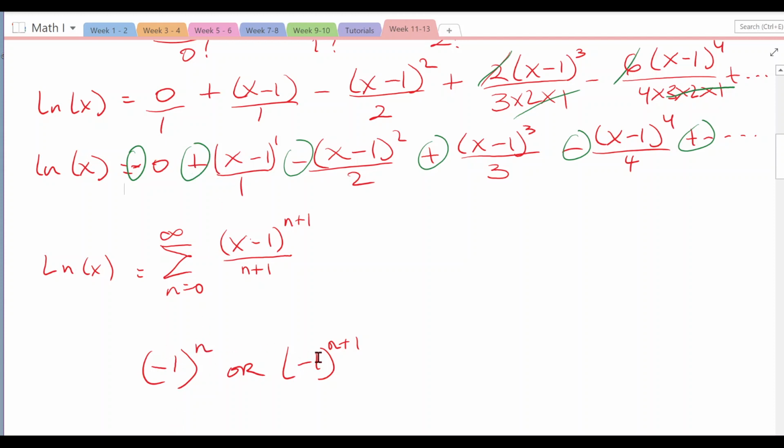So for the second term, negative 1 raised to the power of 2 is positive. That is why the most suitable sign for our alternating sign here is negative 1 raised to the power of n. So if you check, this is 1, this is 0, this is 1.